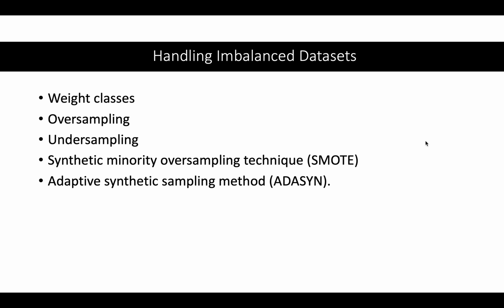But what if a learning algorithm doesn't allow weighting classes? In these situations, you can try, for example, the technique called oversampling, and it consists of increasing the importance of examples of some classes by just making multiple copies of the examples of that class.